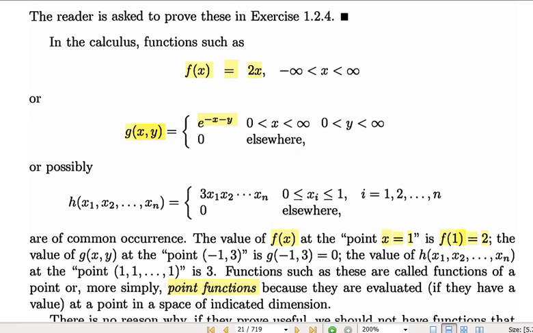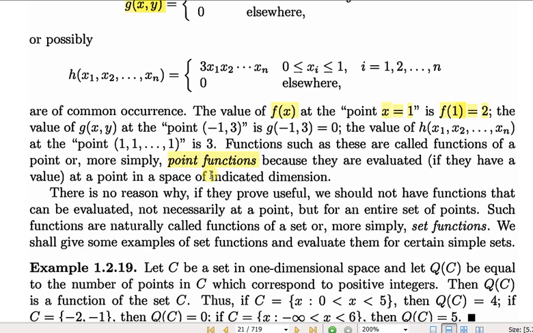Now here are several examples. We have functions such as f(x) equal to x, and g(x, y) equal to e exponent minus x minus y, with its border, and then function h.